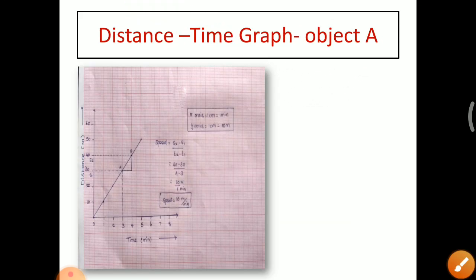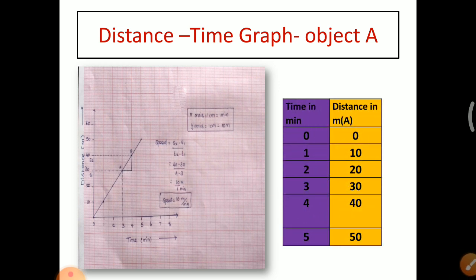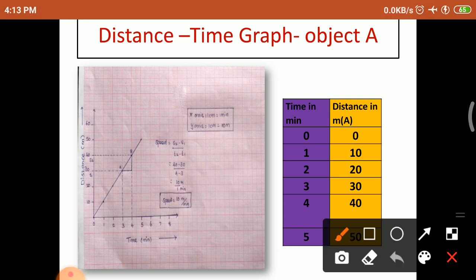See first the distance time graph for object A. You have to take the time and distance values for object A. Take a graph sheet and draw the x-axis and y-axis. The time is represented on the x-axis and distance is represented on the y-axis.